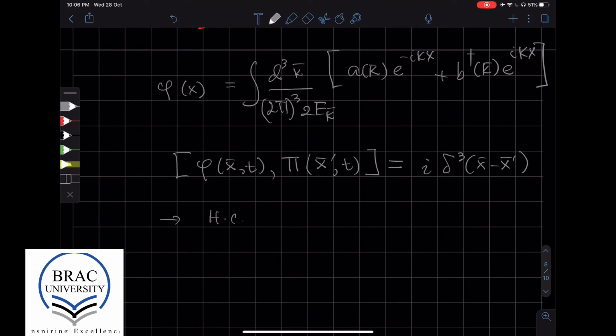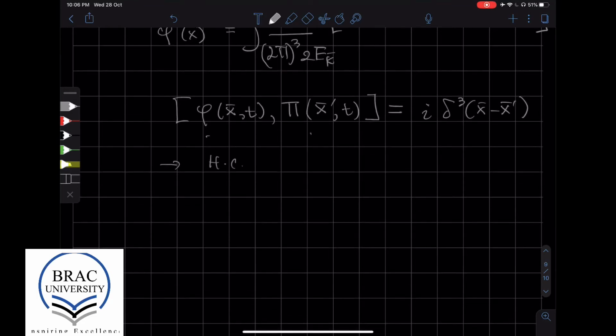In the Hermitian conjugate, all of these things would be Hermitian conjugated, and there should be a minus sign on the right-hand side. All other commutation relationships, such as phi and phi, as well as phi and its conjugate, pi, pi, will all vanish.